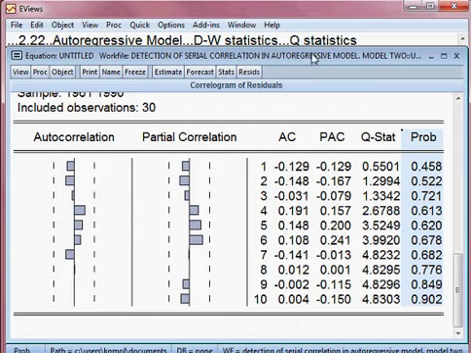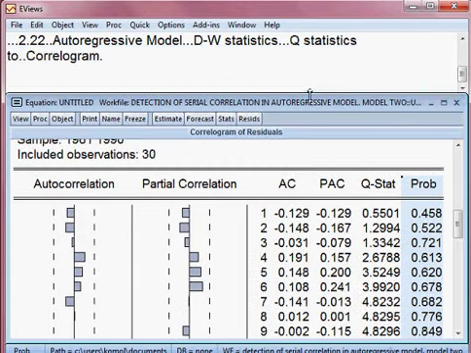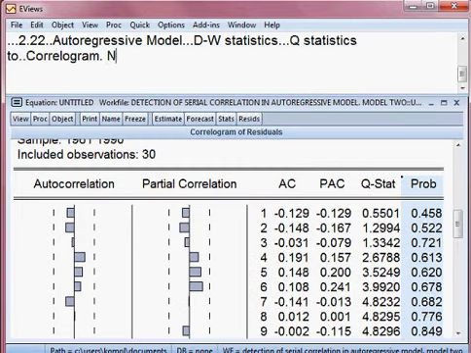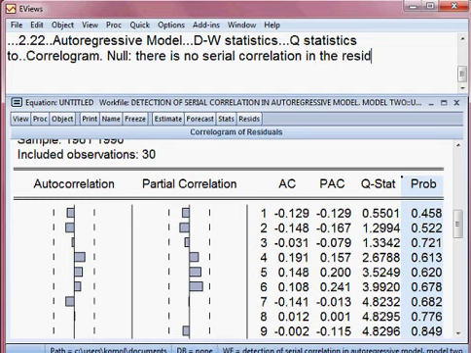What is our null hypothesis? The null hypothesis is that there is no serial correlation in the residual.